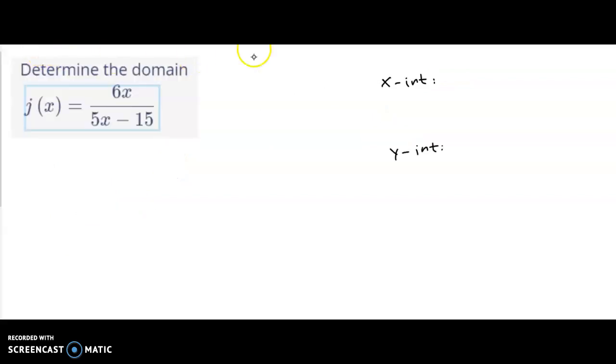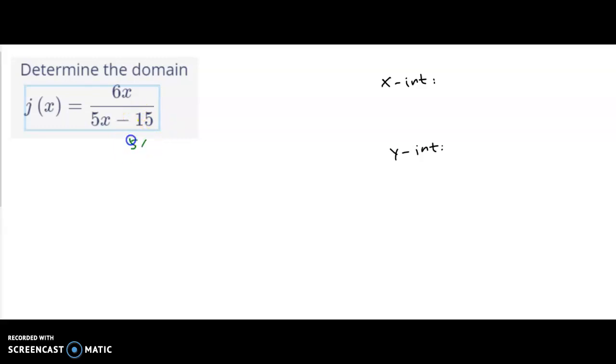All right, so here determine the domain, okay? Again, when you've got a rational function like this, and we're getting a little bit of practice into chapter 4, we got to look at the denominator, right? So we got to think what value of x will make the denominator equal to 0, because whatever that value is, it will not be in the domain, right?